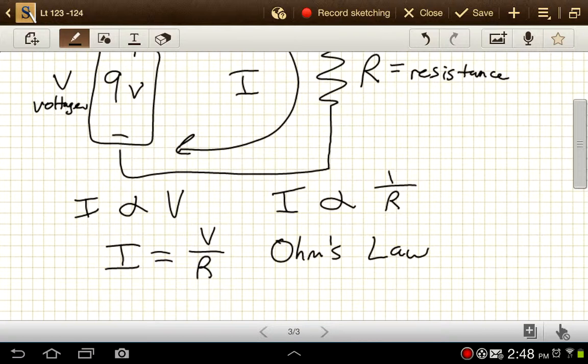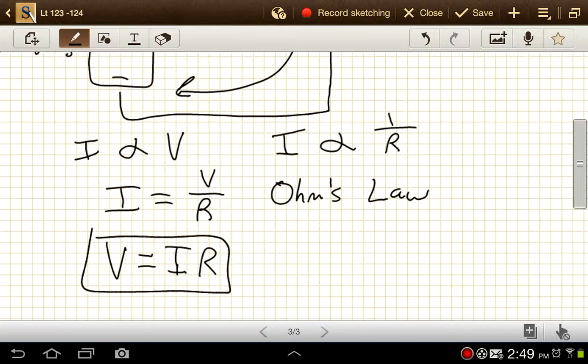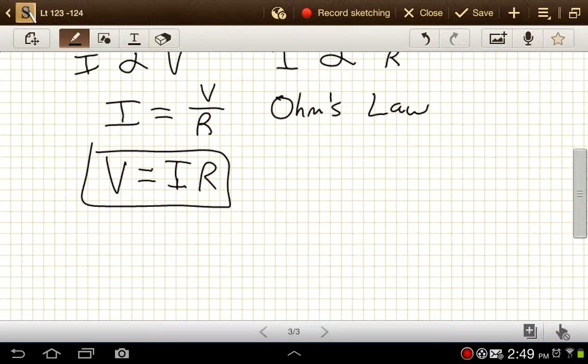And it's actually written in a different form on your equation sheet. We multiply both sides by R, and we get V equals IR. That's how Ohm's law is written on your equation sheet, where V is the voltage in volts, I is the current measured in amps, and R the resistance.